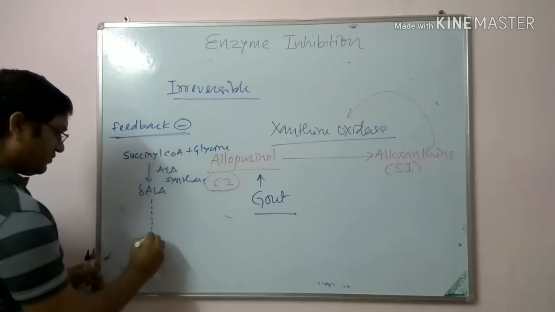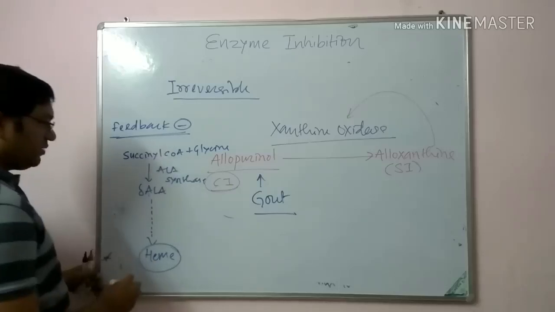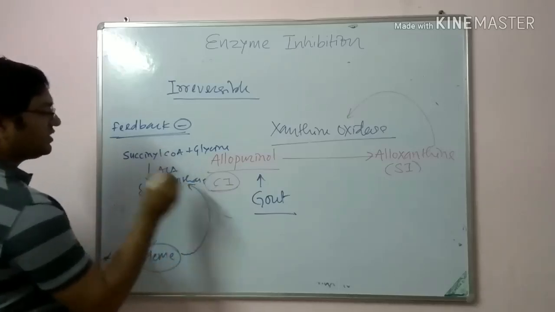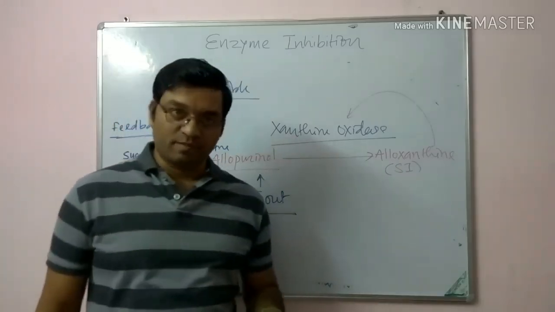Through various steps, there is formation of heme. Now this final product inhibits the first rate limiting enzyme, that is ALA synthase. This is known as feedback inhibition.